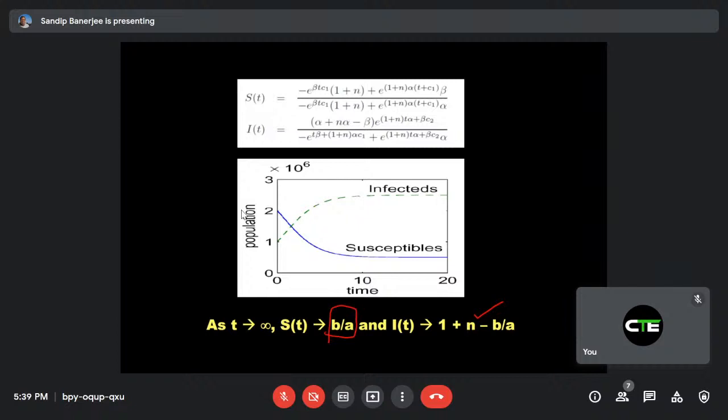But in the case of the common cold, it's not always that one person coming in contact with another is catching the cold. So there is a fraction b by a which remains susceptible, and the infected is n plus 1 minus the susceptible. The graph also shows the same kind of behavior as your analytical results predict.